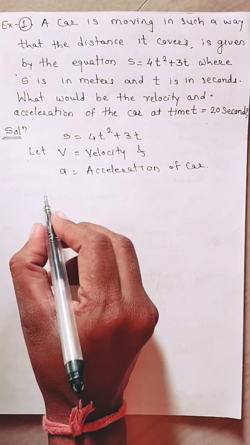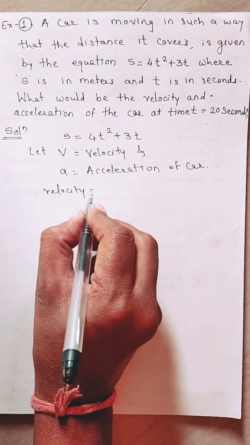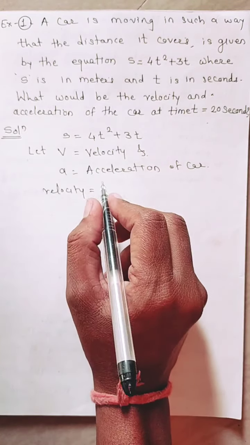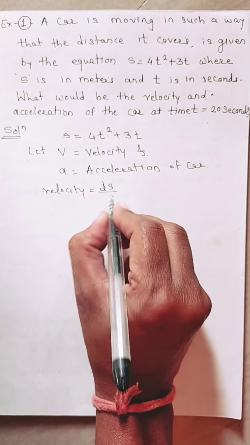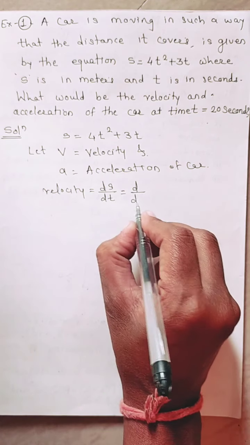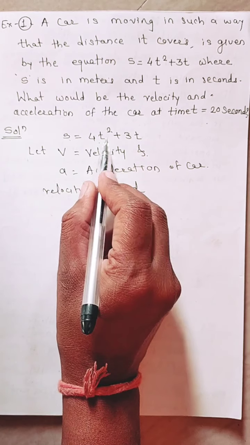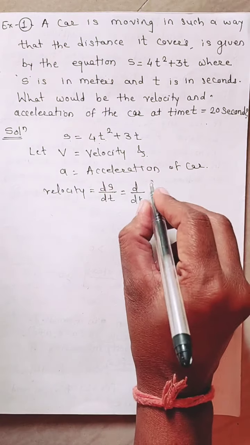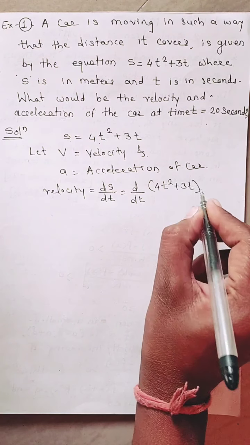We know that velocity is the rate of change of displacement, that is ds/dt, which is equal to d/dt of (4t² + 3t).